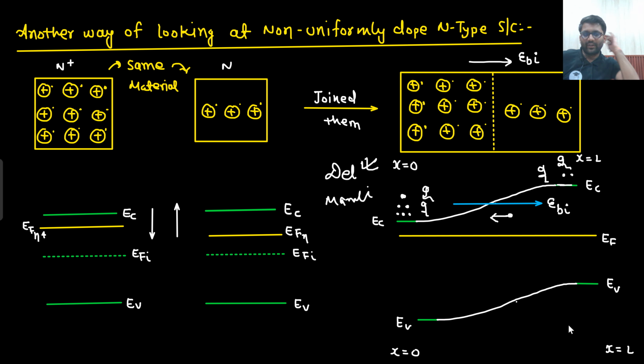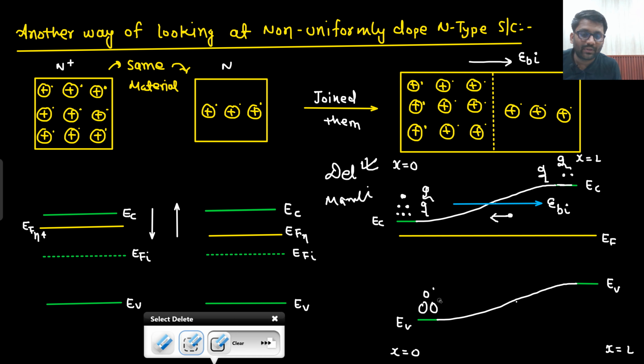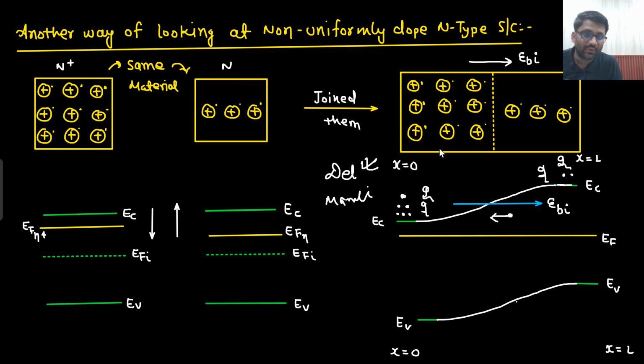So did you understand my point? This I am telling for electrons. For holes it will be completely opposite. Whatever process happens in electrons, the opposite process happens in holes. This I have already told, right? If I talk about holes here, there are lesser holes here and more holes here.